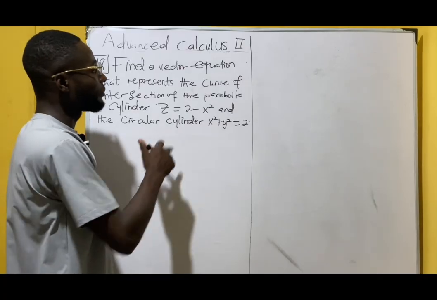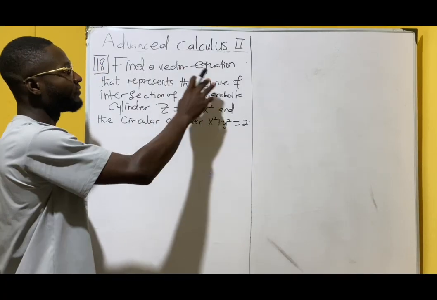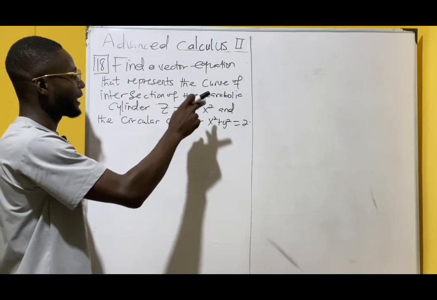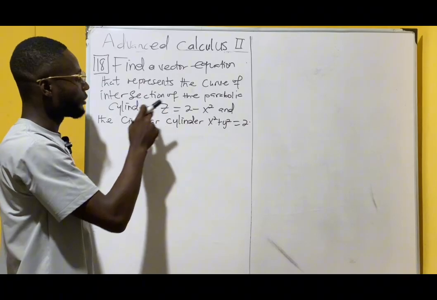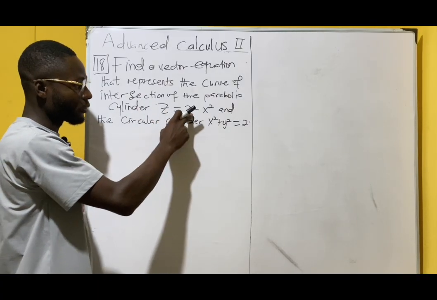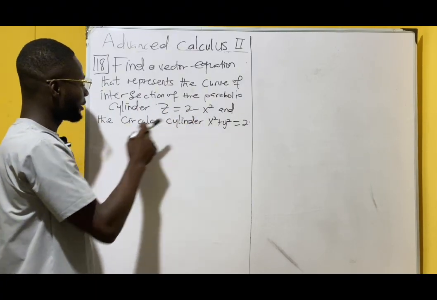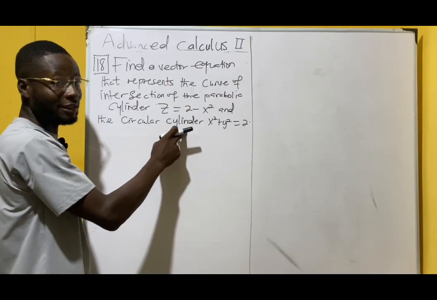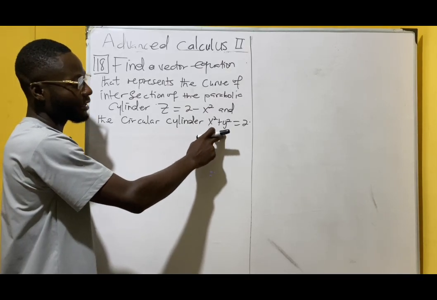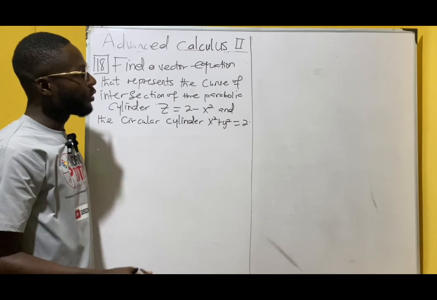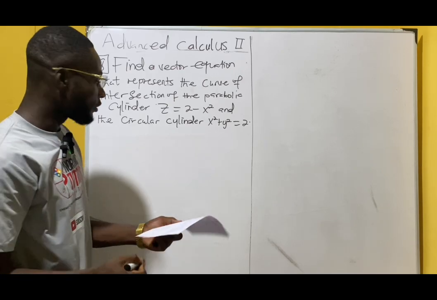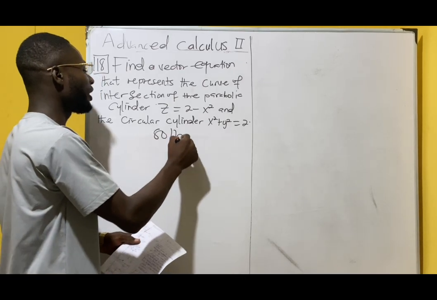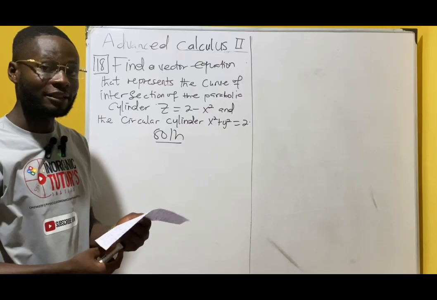Okay, so let's move on to question number 18. With question number 18, we want to find a vector equation that represents the curve of intersection of the parabolic cylinder z equals 2 minus x squared and the circular cylinder x squared plus y squared equals 2. Okay, so first of all, we have to know what we have been given, right?